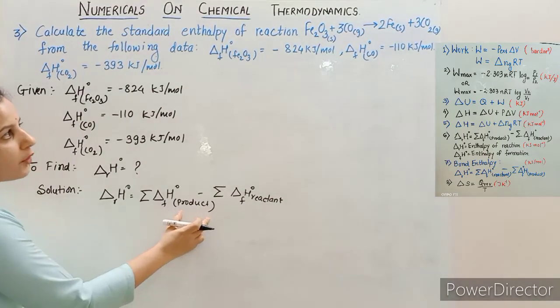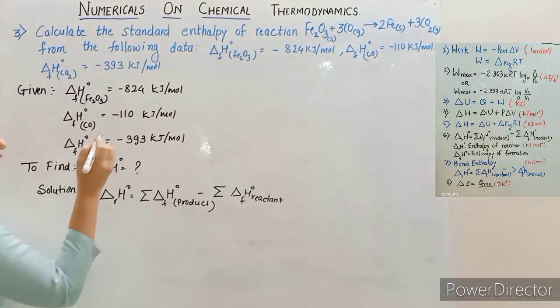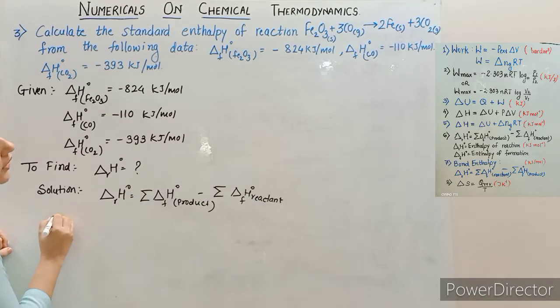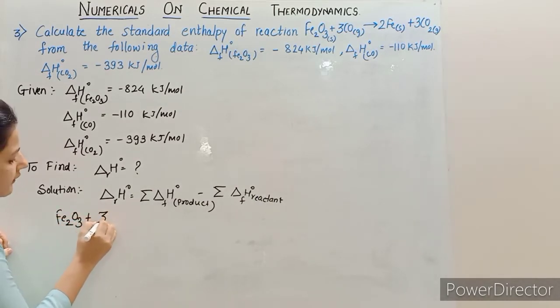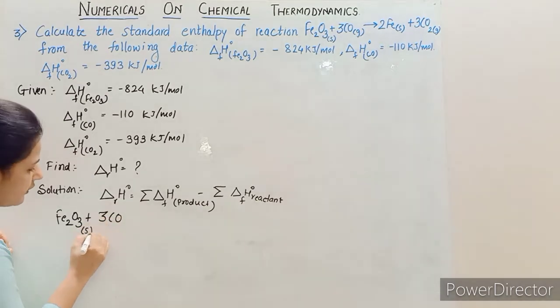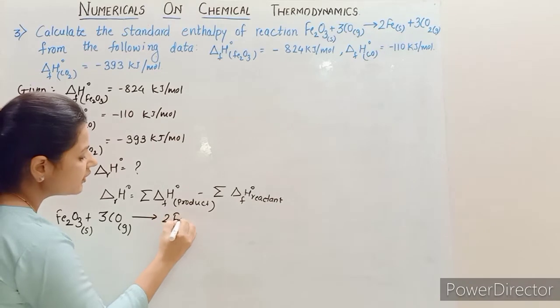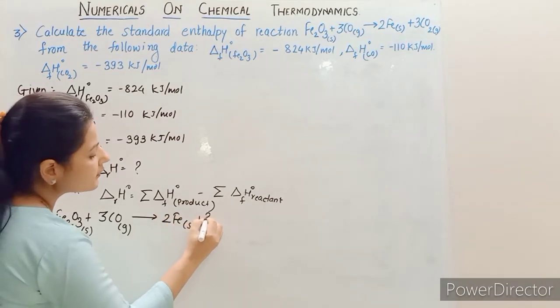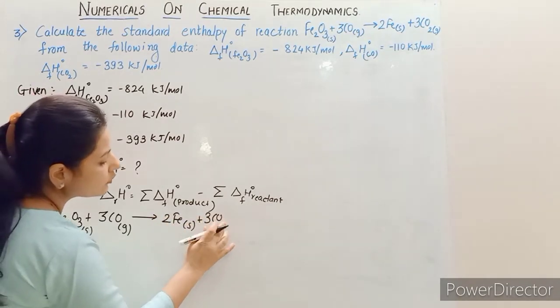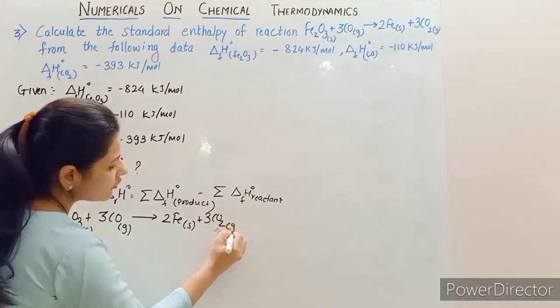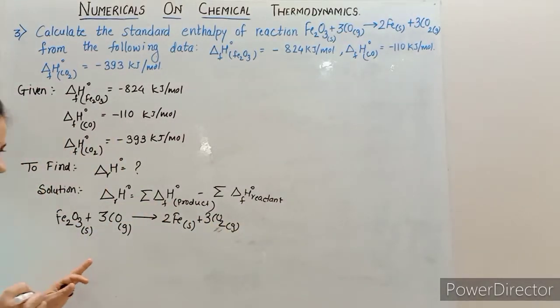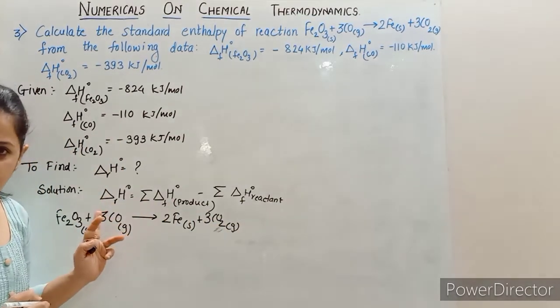First we have to take the reaction. The reaction given is Fe2O3 in the solid state plus 3CO in the gaseous state gives 2Fe in the solid state plus 3CO2 in the gaseous state. So this is your reaction, and you have to find the enthalpy change for the reaction.